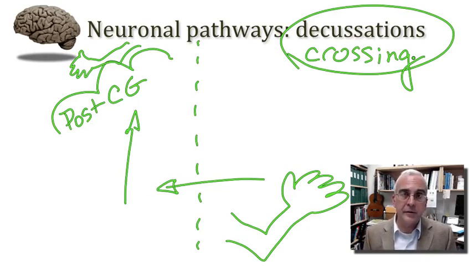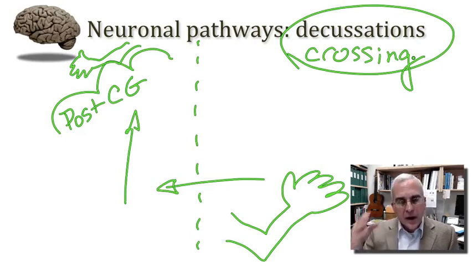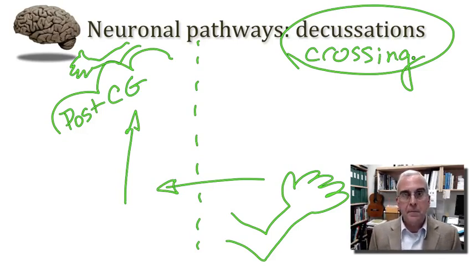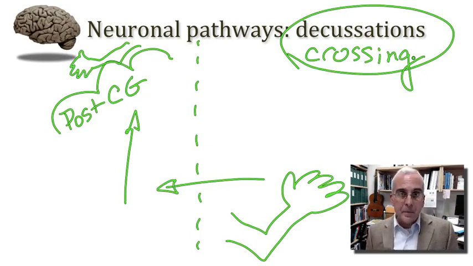For future clinicians, this is a critical point. One of your challenges in the examination of your patients will be to understand, to have a mental model of what's wrong with the nervous system. There may be a focal lesion somewhere in this nervous system, and understanding where sensory and motor pathways cross the midline will be critical for your proper understanding of what level of the nervous system has been impaired.